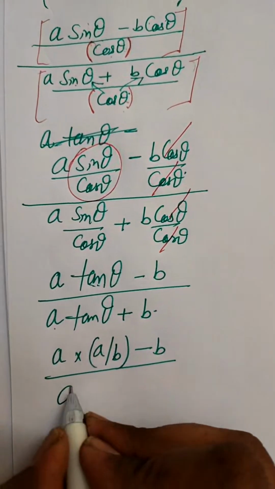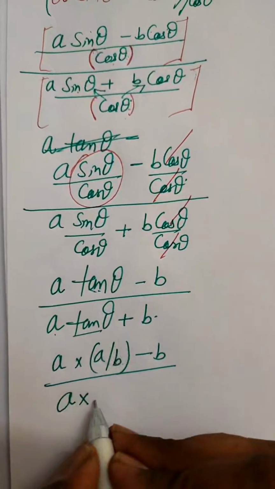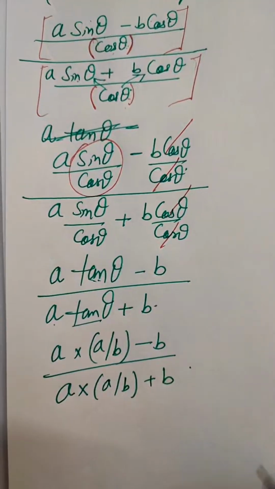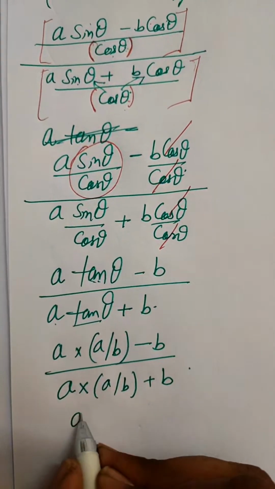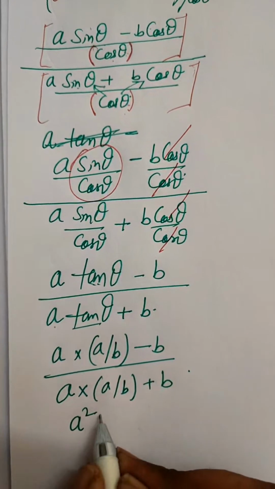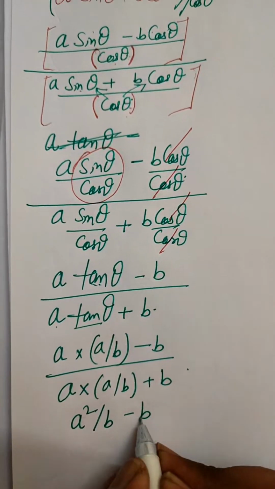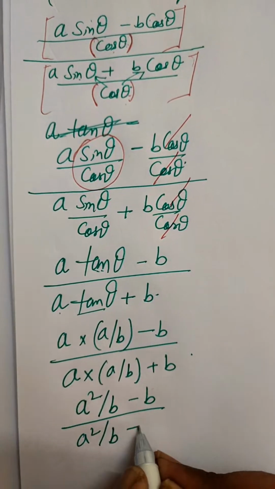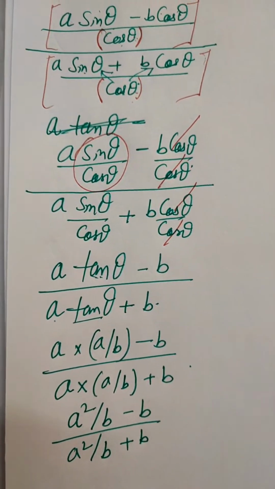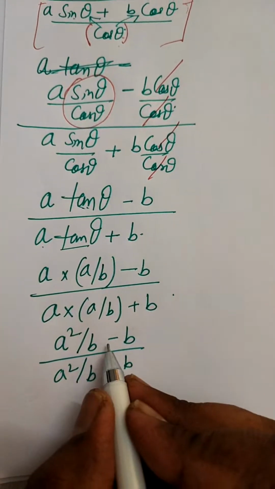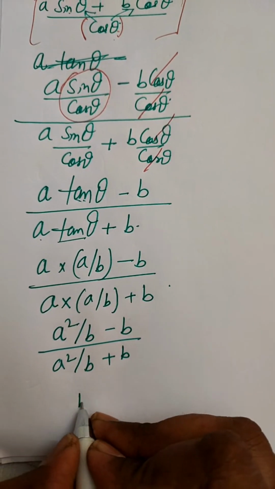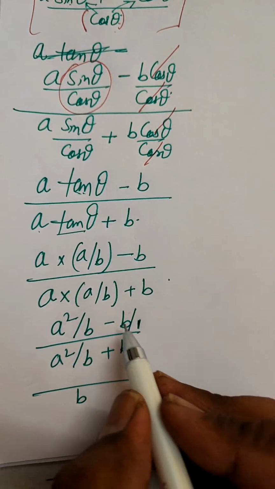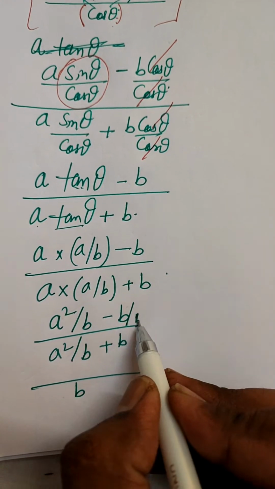And into the denominator a into this tan theta, that is a by b plus b, right? Now on taking the numerator, you can see a square by b minus b, and in the denominator a square by b plus b, right? Now what we can do, we take the LCM. On taking the LCM, b will be the LCM, because here it's only 1, nothing is there, so 1 is the denominator of the second term.